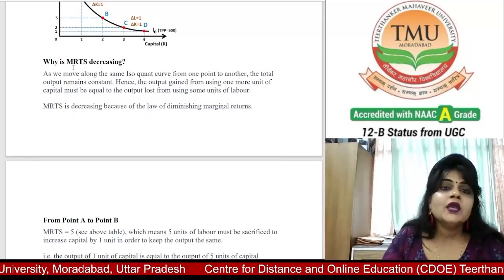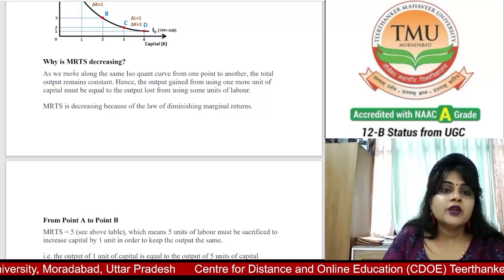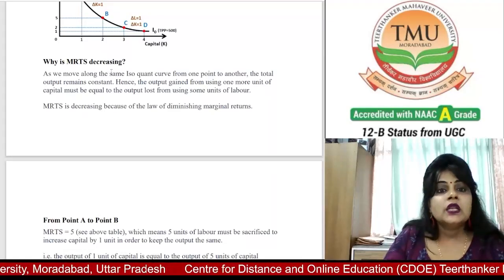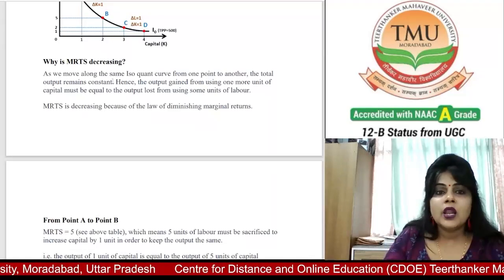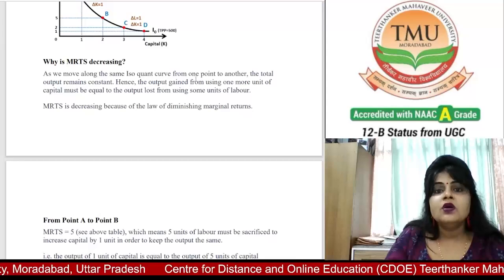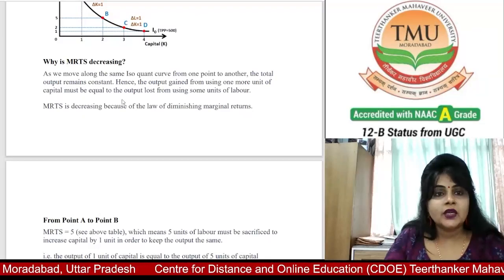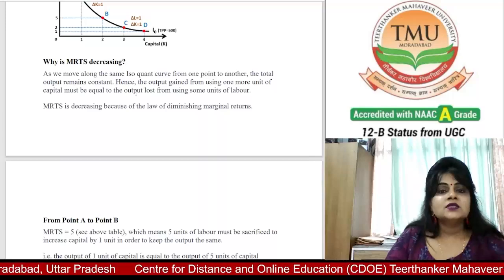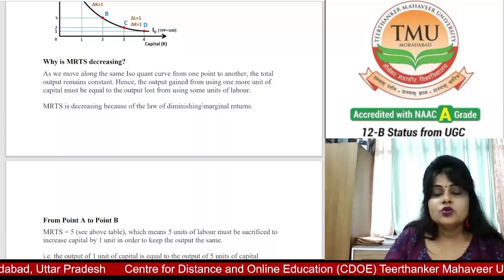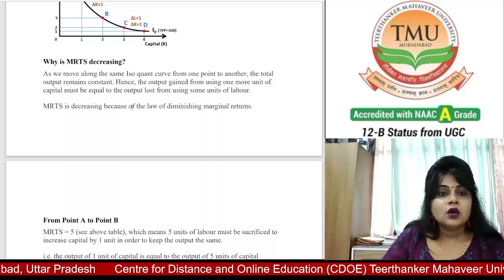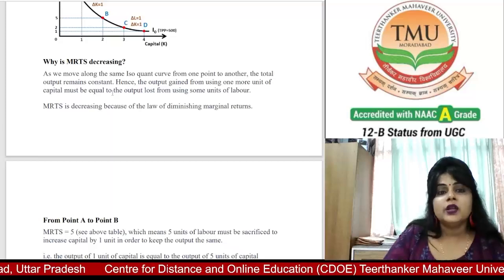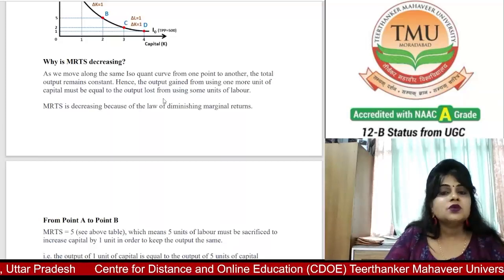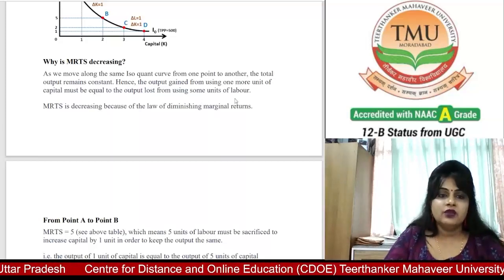The question is here: why is the marginal rate of technical substitution decreasing as we move along the same isoquant curve from one point to another? The total output remains constant, hence the output gained from using 1 unit of capital must be equal to the output lost from using some units of labor.